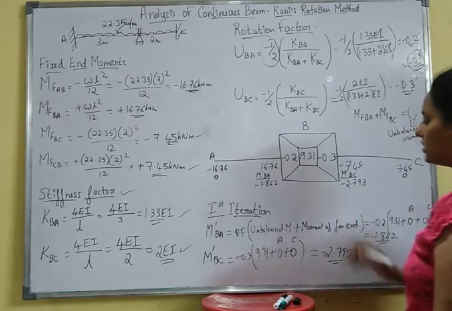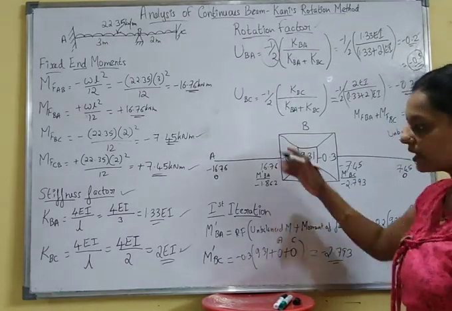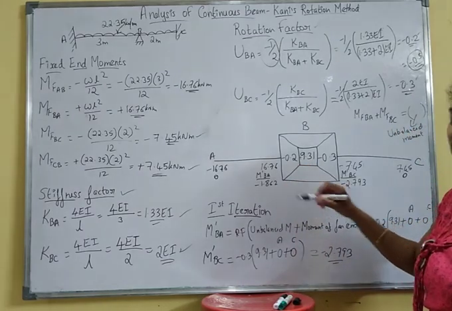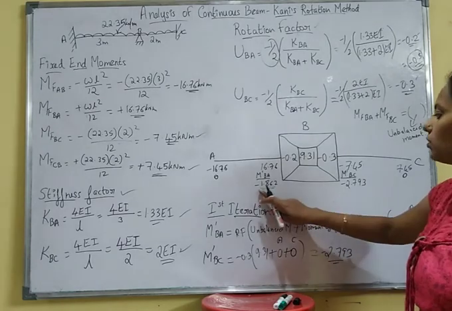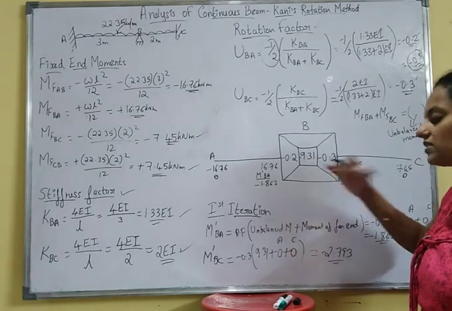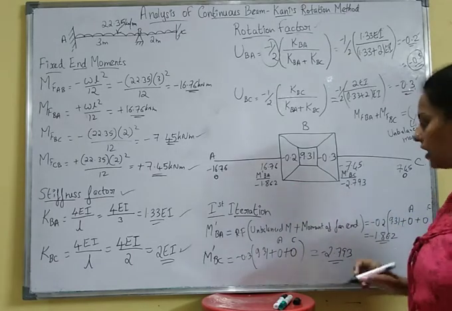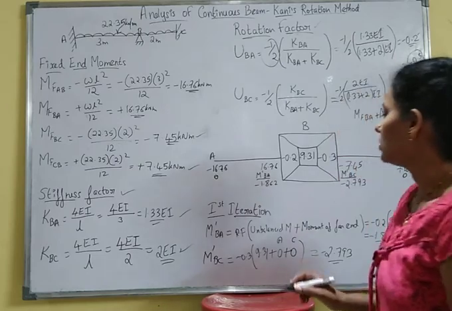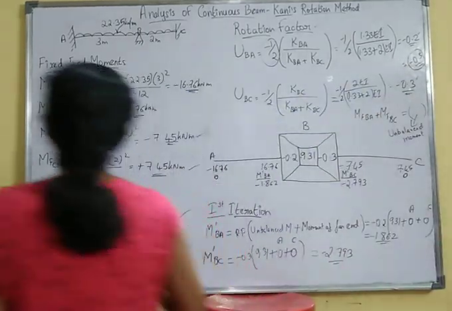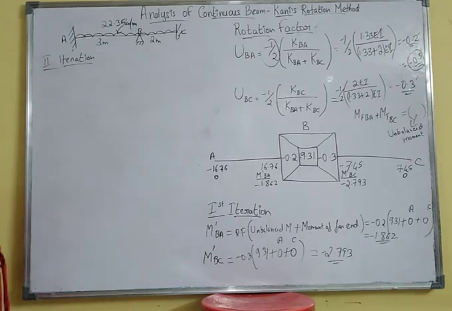Minus 2.793. This iteration you have to continue until the previous and next step values are the same. Otherwise, discontinue once you get the same value below. So similarly for the next iteration step, or directly you can calculate for your better understanding.